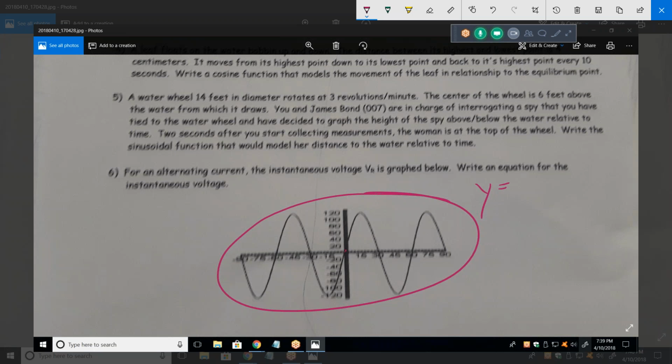Sine starts at 0 and it goes up to its maximum, then it goes down to its minimum, and then it comes back to 0. So the period is between there and there. Okay? So start with the sinusoid function, and we can even say sine for sure, because it's not cosine.